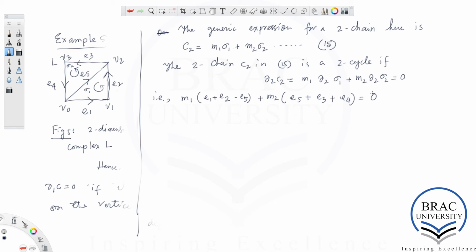And it means that the only way this whole expression can be 0 is that M1 is equal to 0 and M2 is equal to 0. Hence we see that the group of two cycles on the complex L is trivial, right?